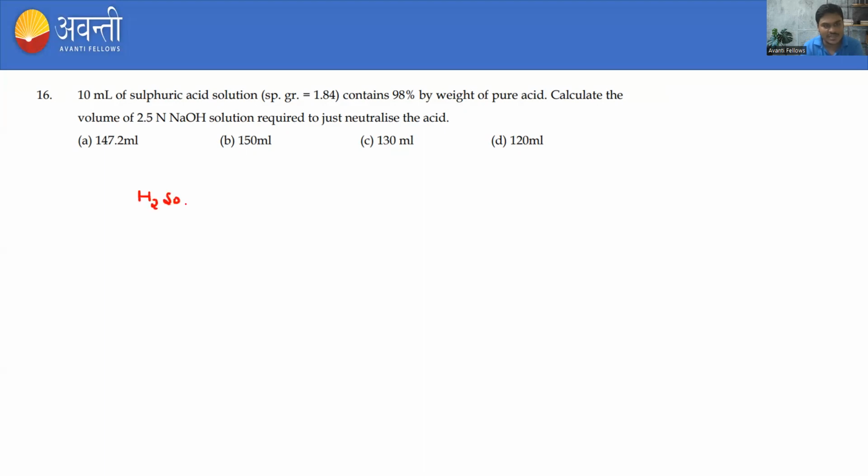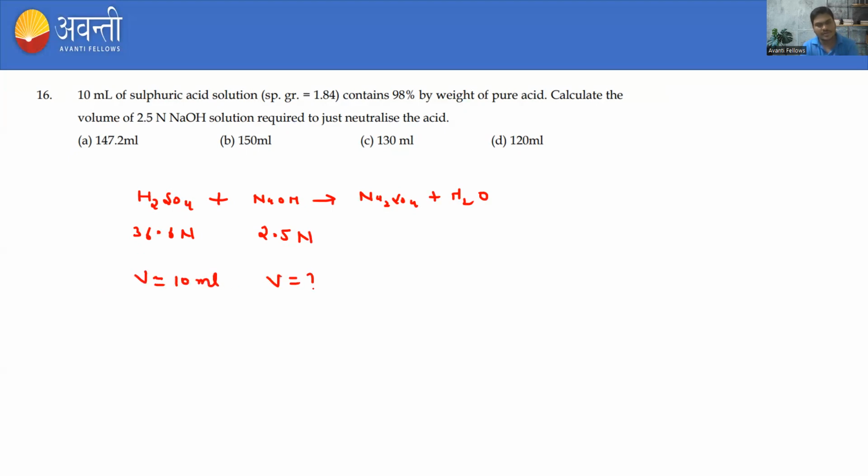That is H2SO4. When they react with NaOH, what will they form? They will form Na2SO4 plus H2O. Their normality is given now, 36.6 normality. This is 2.5 normality. So volume is also given, that is equal to 10 ml.